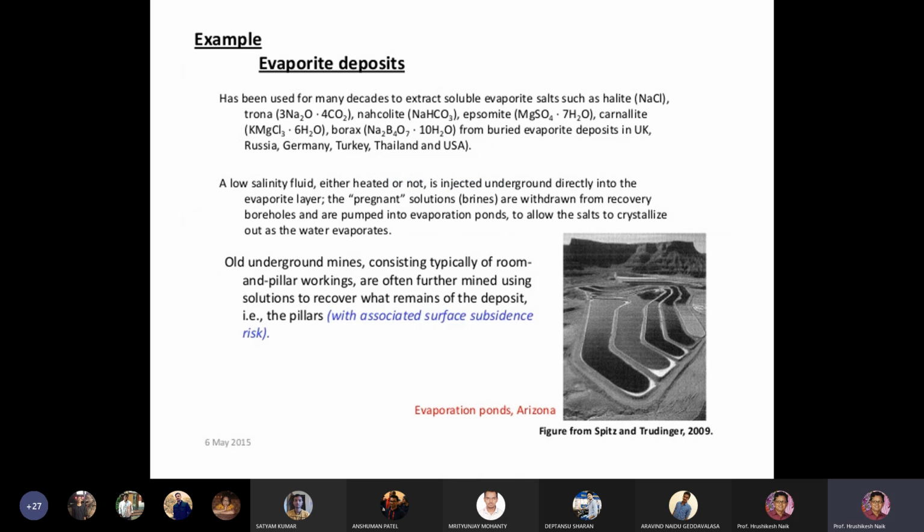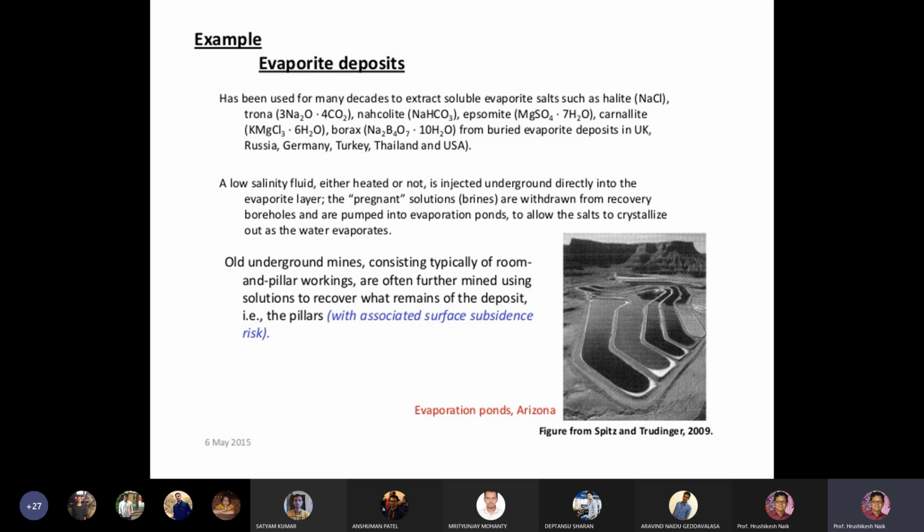Examples of evaporite deposits. What are the deposits which are called evaporite deposits? In situ leaching has been used for many decades to extract soluble evaporite salts, such as halite, sodium chloride.